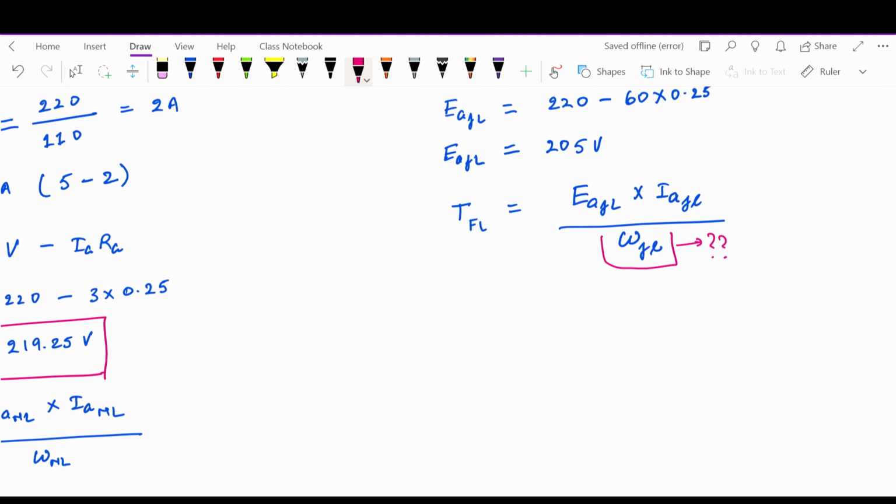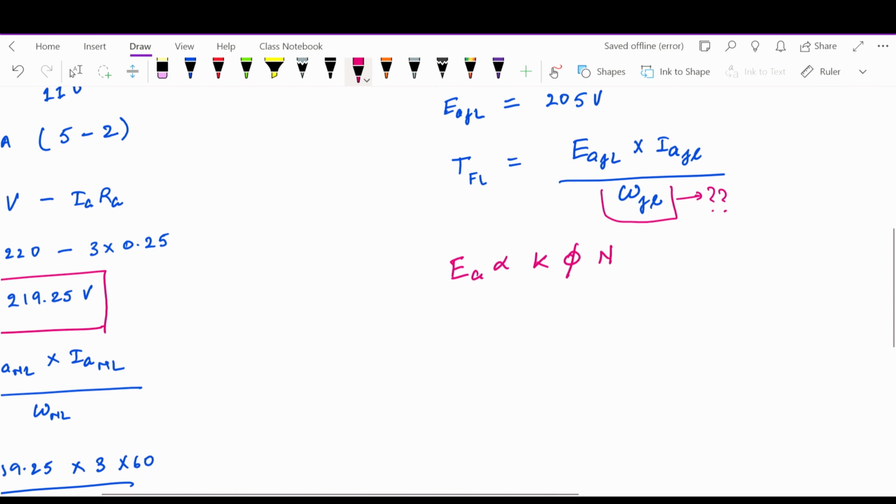We'll use this expression. EA is proportional to K phi into N, where this is the EMF, K is the machine constant, phi is the flux per pole, and N is the speed in RPM. We don't have to bother about the machine constant, it will remain constant.